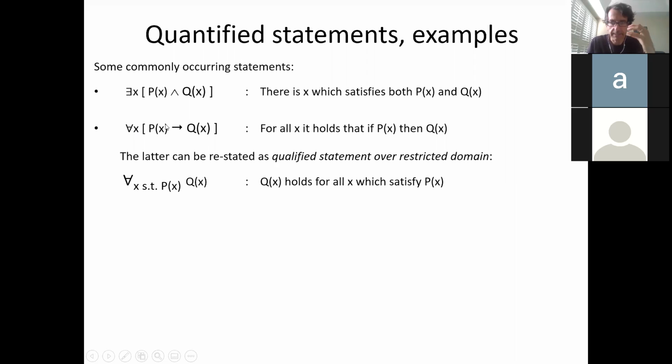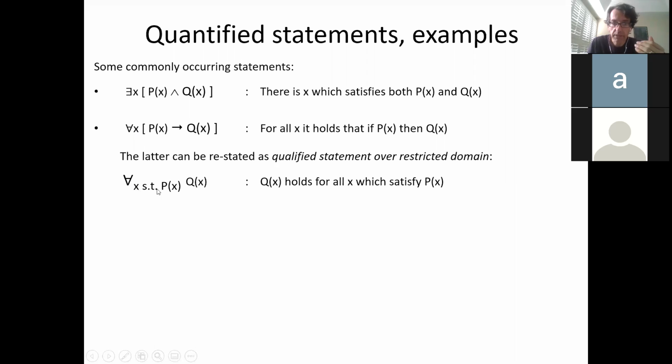basically P of X can be thought of as identifying a subdomain, only those X's that satisfy P. And what you're saying is that for those X's that satisfy P, it will also necessarily follow that they satisfy Q. So I can explicitly say this in the form of a domain.